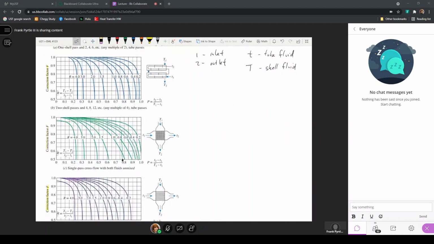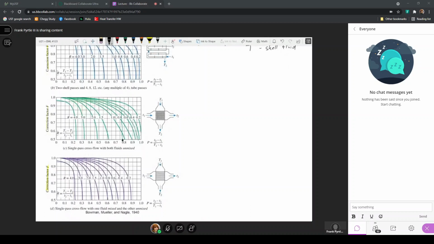When we consider the cross flow heat exchanger, so that we can use that corrected expression for the log mean temperature difference method, here it's harder to see with this one because this is both fluids unmixed. But on the one where one fluid is mixed and the other is unmixed, the lowercase t refers to the cross flow fluid, and uppercase T. No, actually, I'm sorry. Let me make sure I get that correct.